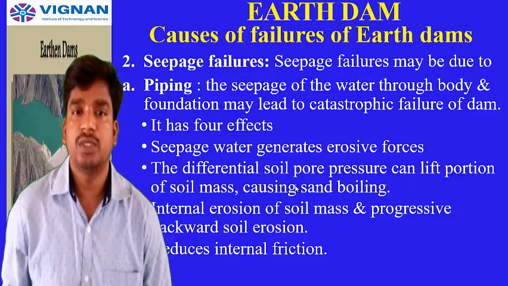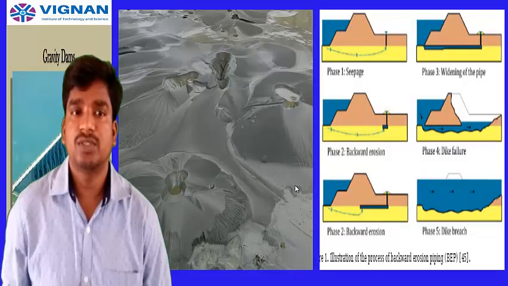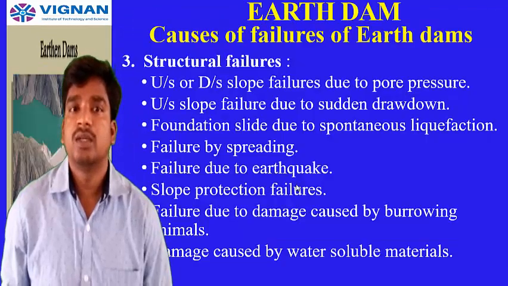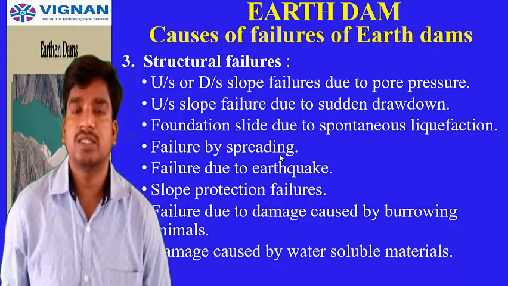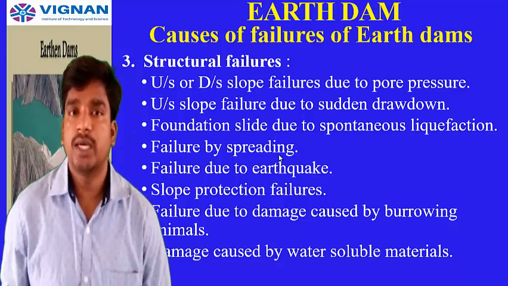Now in continuation to the previous lecture, we are going to discuss the structural failures. The first two discussed are the upstream side as well as downstream side slope failures due to the existing pore water pressure. While construction is going on, due to the pore water pressure, the upstream slope as well as downstream slopes may fail.